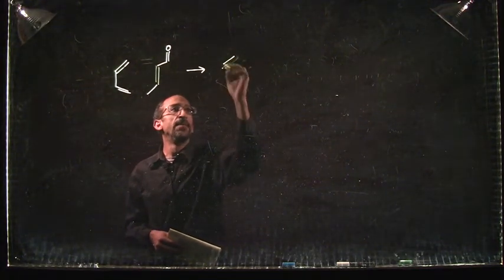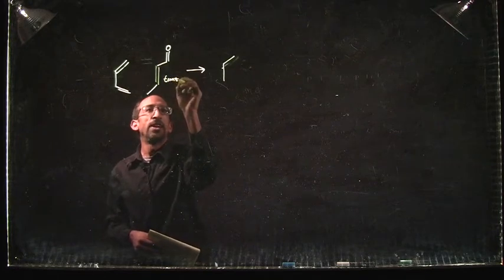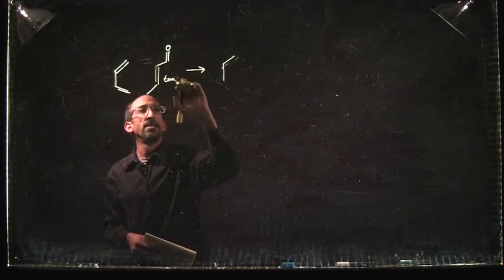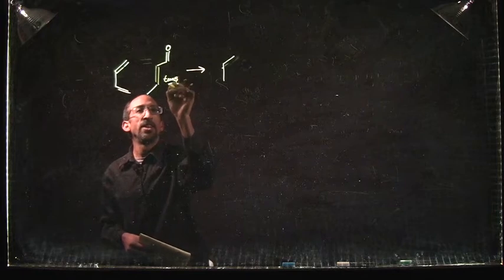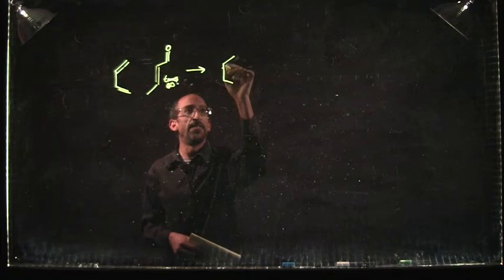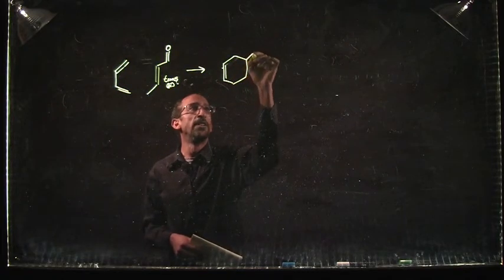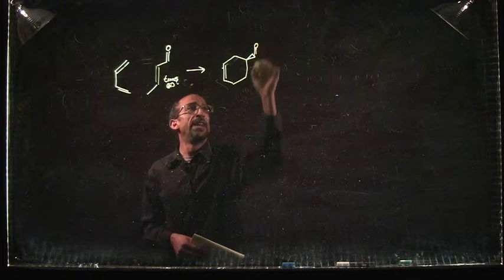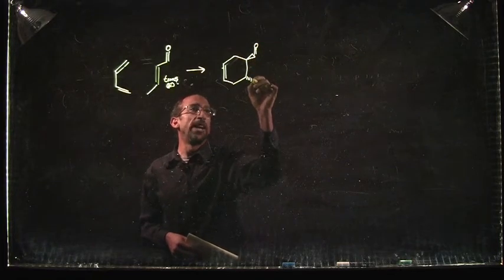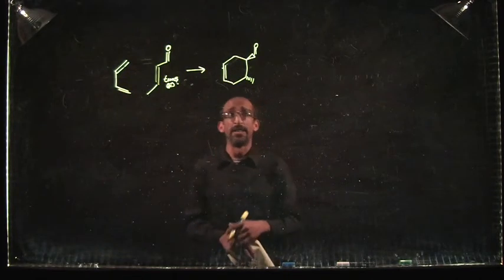And so what we'll see in our product is that if we have a trans or E alkene as our dienophile, that stereochemistry will be preserved, and we will end up with the trans relationship in our cyclohexene that we form.